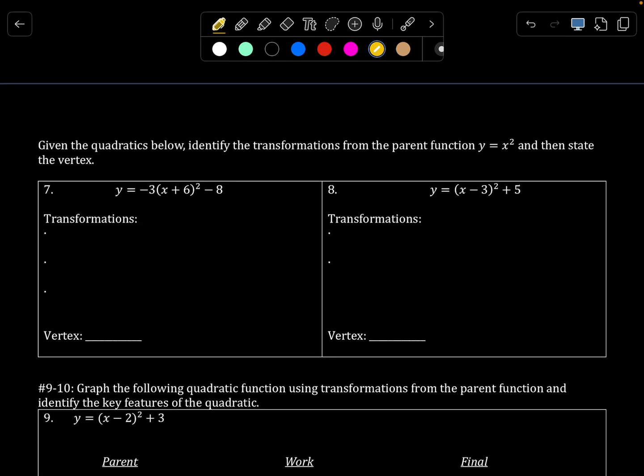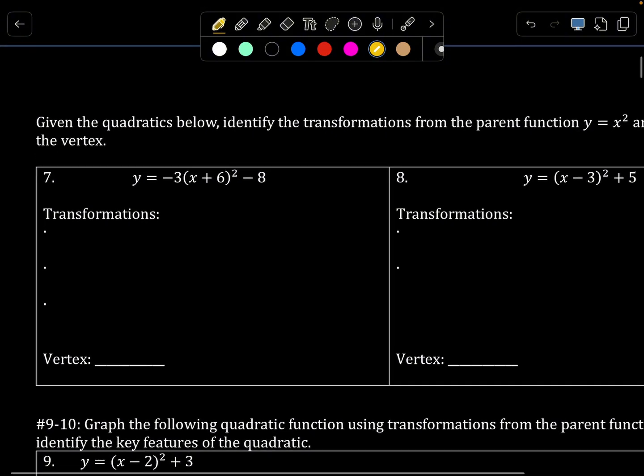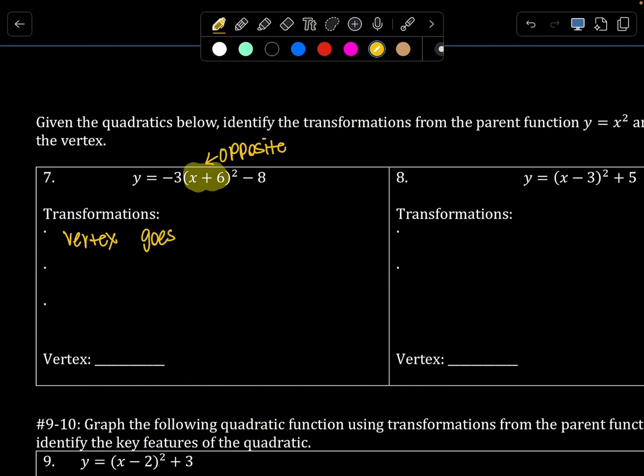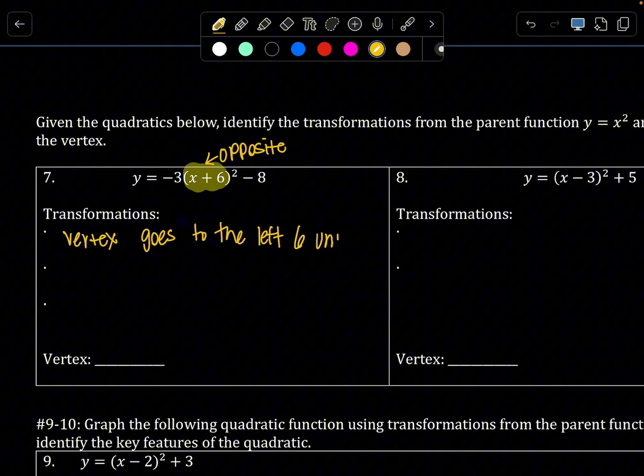These ones, I'm not going to lie, 7 and 8 are pretty easy if you know what's happening. I always look at what's happening inside the parentheses, and we move in the opposite direction. So since it's x plus 6, our vertex goes to the left 6 units.